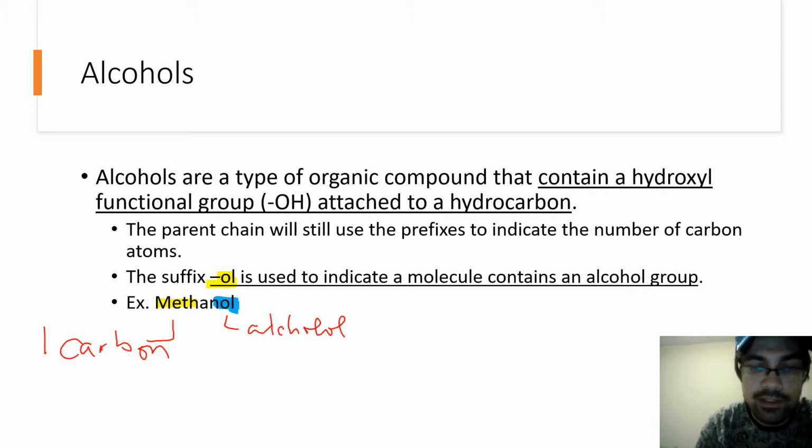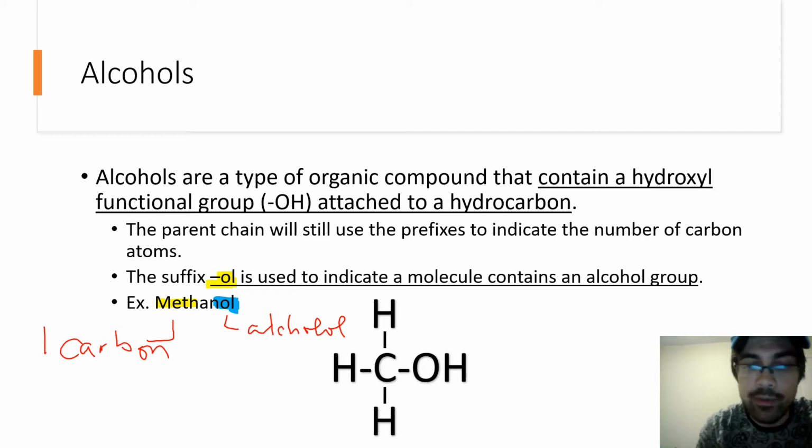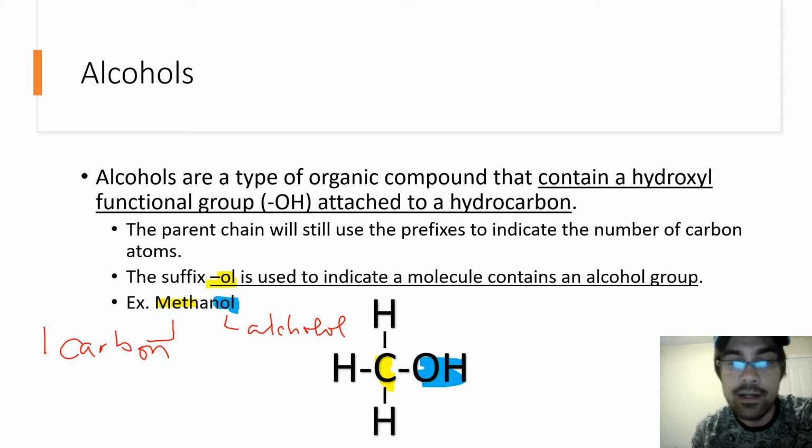So what this looks like is that we have our carbon in the middle, and then we have this alcohol group attached to it right there. Anytime you see an OH, or again, a hydroxyl, in a hydrocarbon chain, we know that would be an alcohol. And therefore the ending should be -ol.